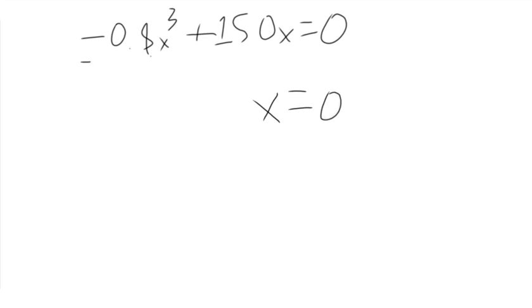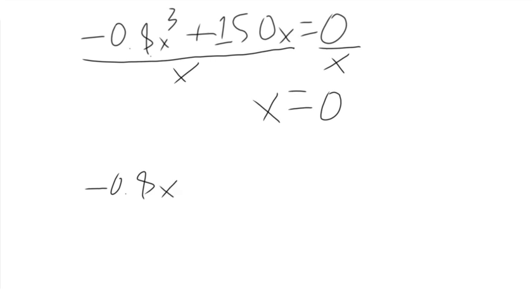To find the other solutions of this equation here, I can divide both sides by x, because I know I'm looking for solutions where x is not 0, so I can legitimately divide both sides by x. So it's going to give me negative 0.8x squared now, plus 150 x to the 0th, which is like 1, x's cancel out, equals 0.